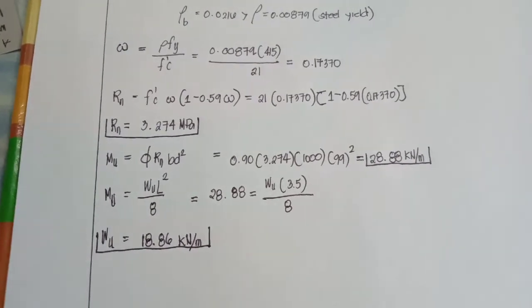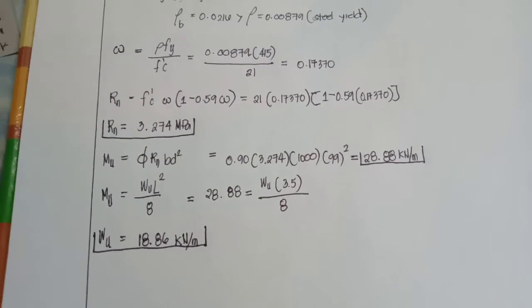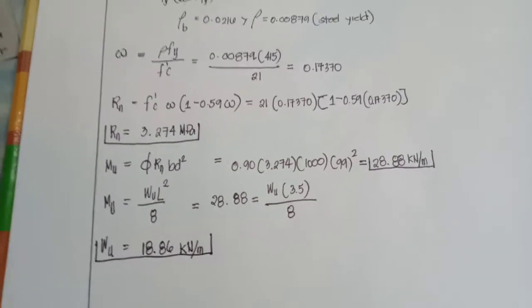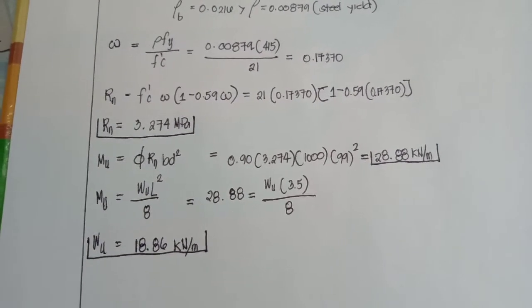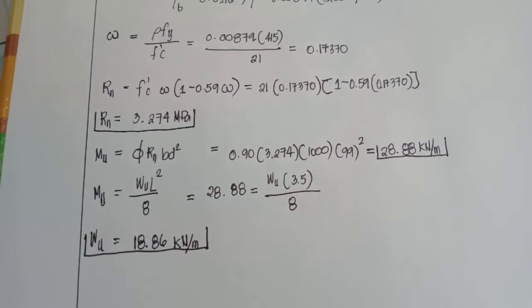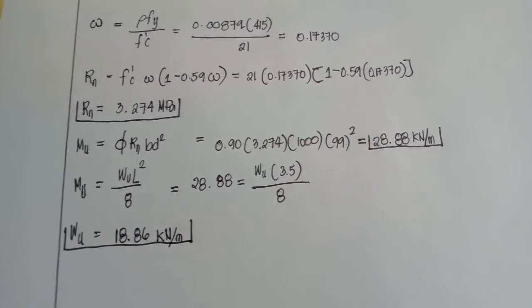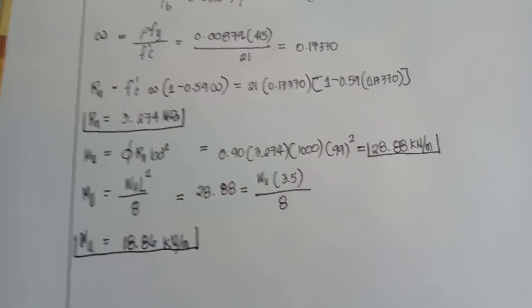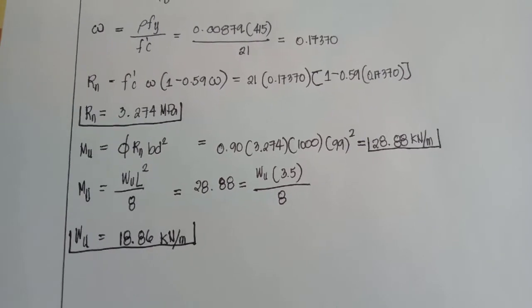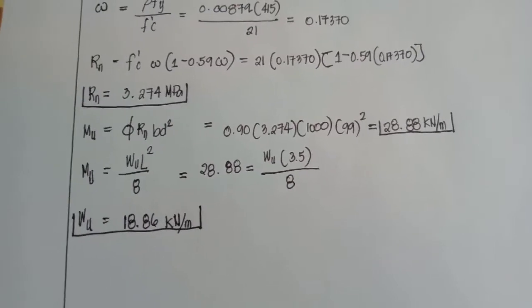Next is to determine the factored moment, or the Mu, and in determining its value we have its formula Mu equals phi times Rn times b d squared. Then substituting all the values, we obtain the value for the factored moment as 28.88 kilonewton meters.